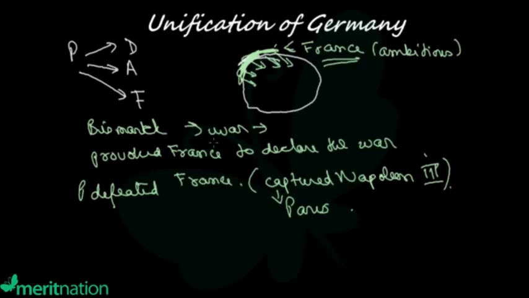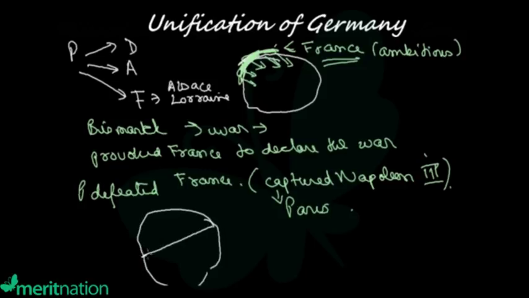After the French were also defeated, Prussia was able to bring two important places under its control: Alsace and Lorraine. When Alsace and Lorraine were brought in, a larger confederation was formed. It already had northern Germany under its control. Now southern Germany also came under Prussian control.